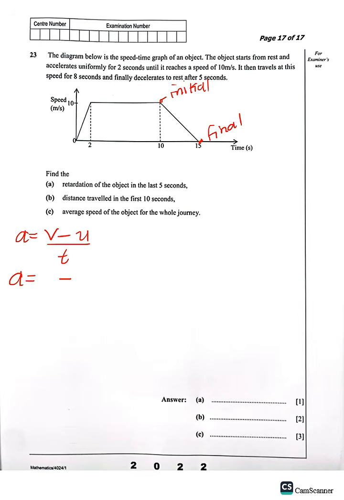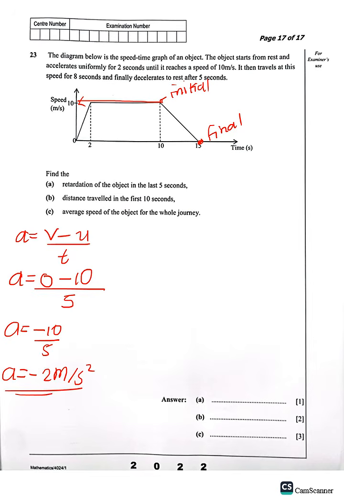Since it is touching the x-axis, since it came to rest, the final is always 0. Then the initial is 10, over the last 5 seconds. So 0 minus 10 is minus 10 over 5. 5 into negative 10 is 2 meters per second squared. The acceleration is negative because we are looking at the deceleration.